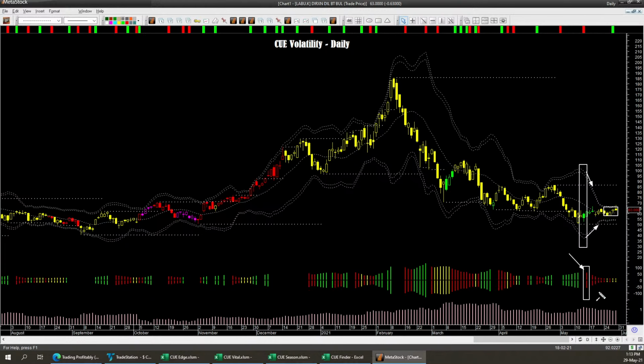The Q squeeze starts to signal at the starting point of contraction. When it becomes indecisive, it may be yellow. Now it is still in a squeeze. When it comes out of the squeeze, it will become green colored, like here.